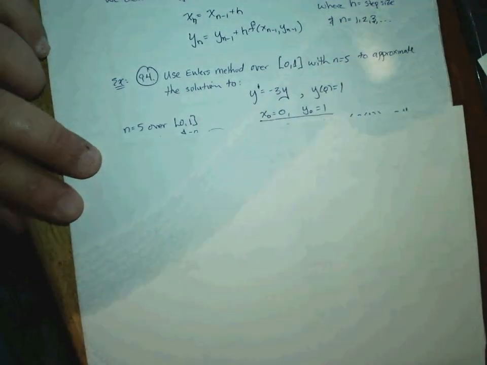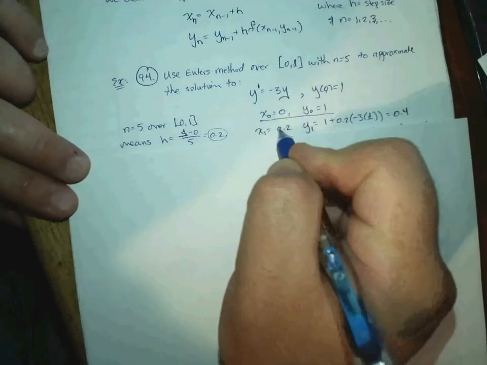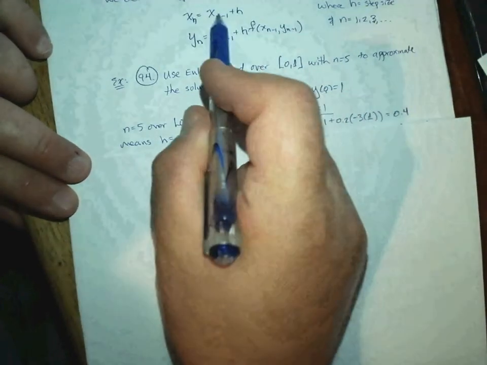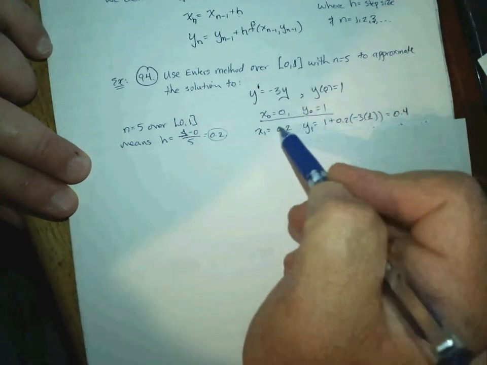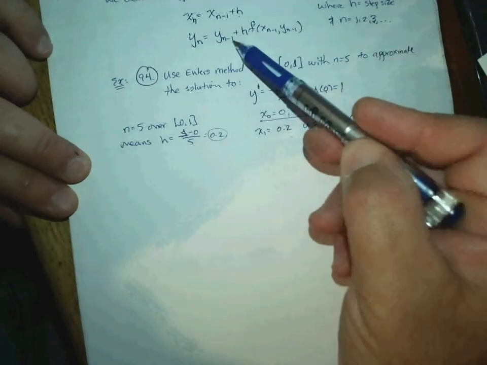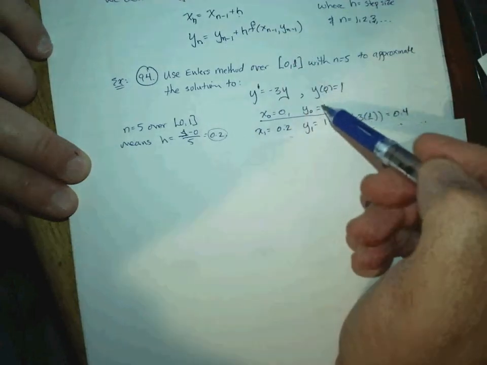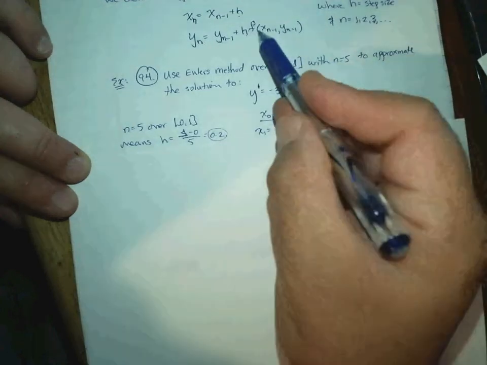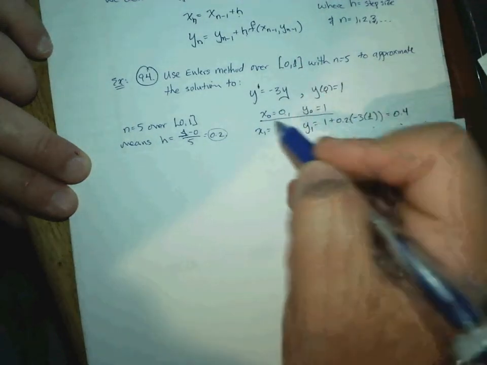Now we have to iterate step by step through our solution to get the approximations. So here's what we do. x1 is simply the x naught value plus h, plus 0.2. So 0 plus 0.2 gets us to 0.2. y1, according to this iterative process, is the previous y value, y naught, plus the step size, 0.2, times the function evaluated at the previous point.